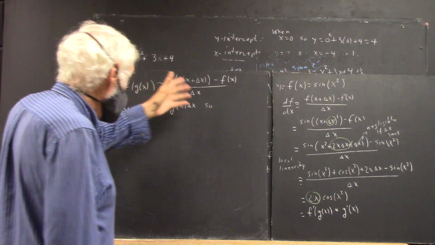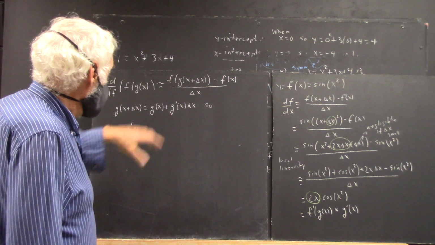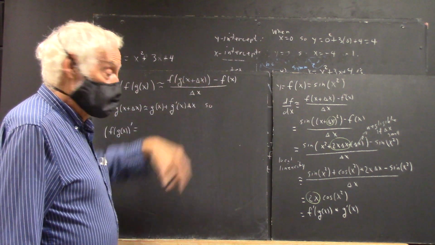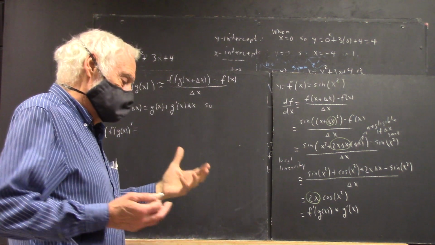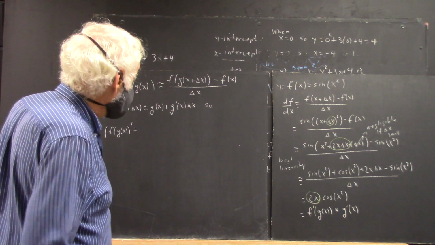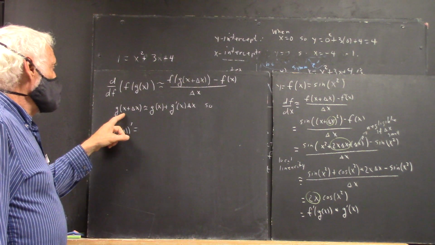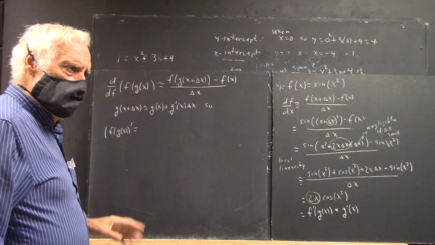And of course, there's a limit involved in the rigorous expression. But I'm just saying that the derivative is approximately equal to this if delta x is small. That just means the same thing as the limit, or at least that is implied by the fact that the limit exists. The key idea is, how does g of x plus delta x change?